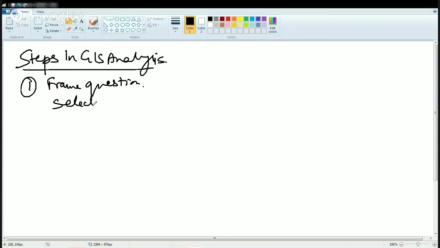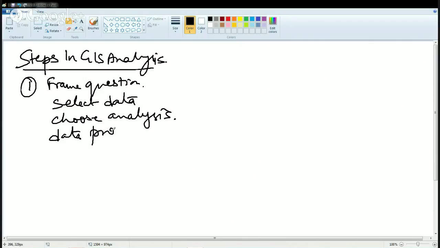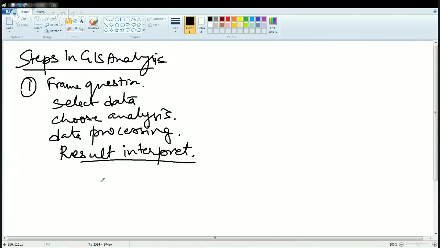Then I have to select the relevant data. Then I have to choose what kind of analysis I need to do. Is it related to number of users? Is it related to network, transportation, or whatever it is? Based on the analysis, I have to find out the data processing method, what kind of data processing I need to apply, and finally I have to interpret the results. So these are the various steps that you use in analysis of GIS.